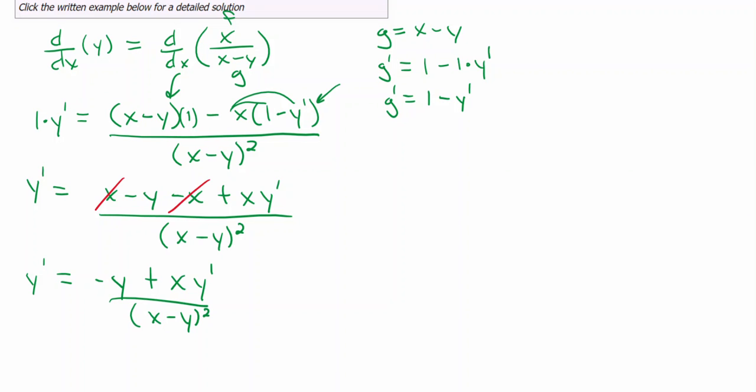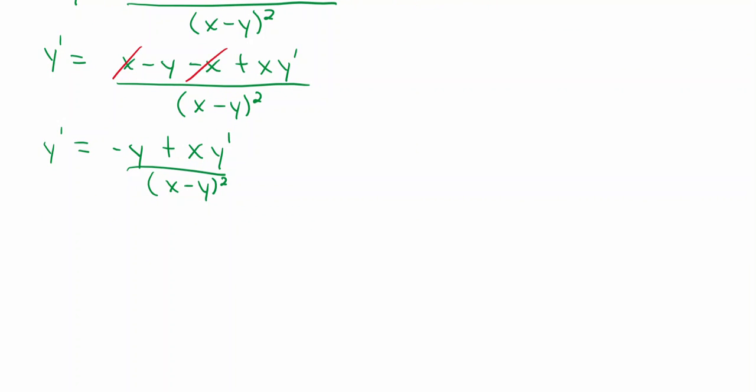Now this isn't good enough, because we need y prime on its own somewhere. I need to collect those two terms together and get them combined into one. So what we're going to do next is take this denominator and move it up to the left side of the equation. So I'm going to multiply both sides by (x minus y) squared.